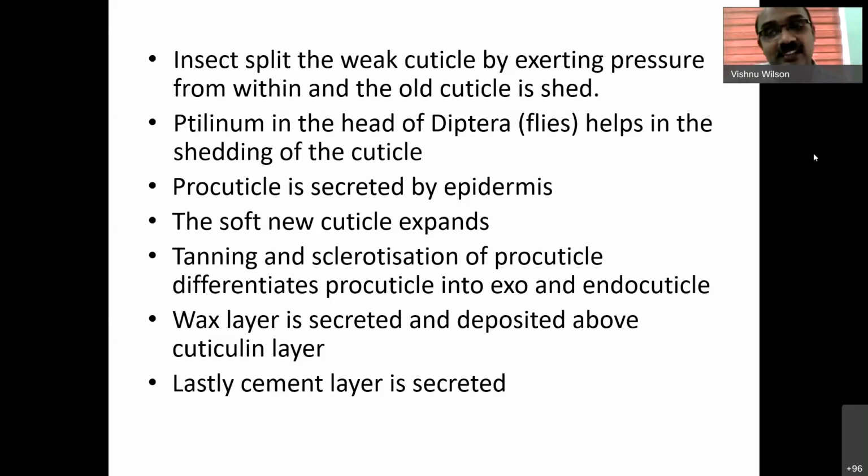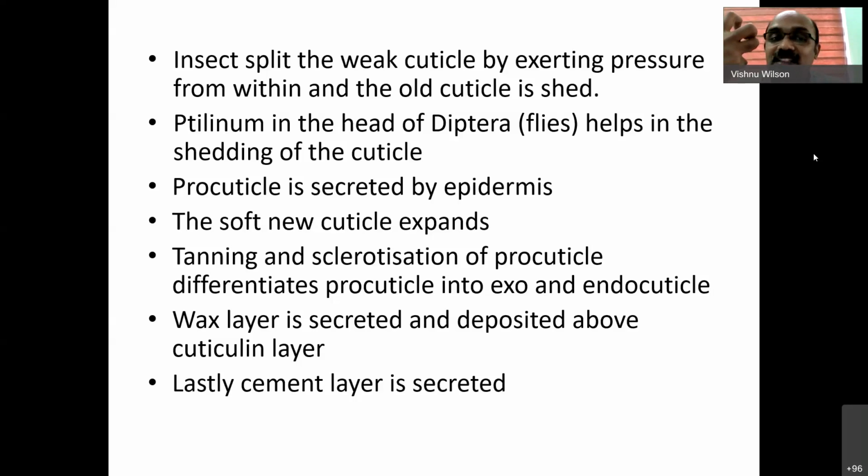In certain insects such as dipterans, flies, housefly and all, the head has a reversible sac. That means just like a balloon. Just imagine that the fly head has a balloon over here. Once it sucks in air at the time of molting, this balloon will grow out.